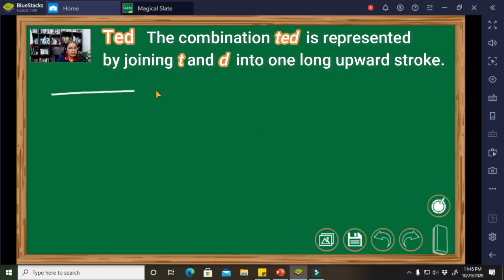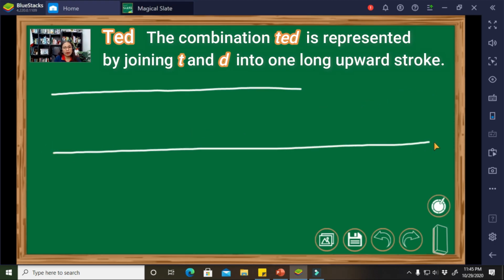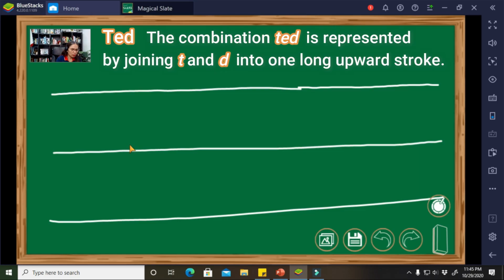We have to draw a line again. A straight line. So next example. We have this one, and then a downward curve, another downward curve, and an upward straight line. You try that.